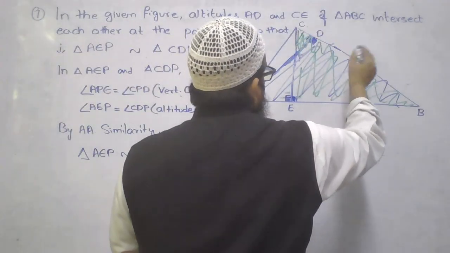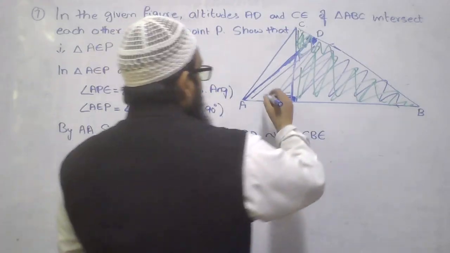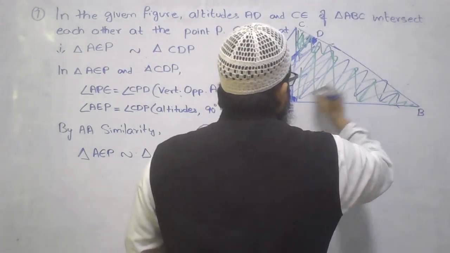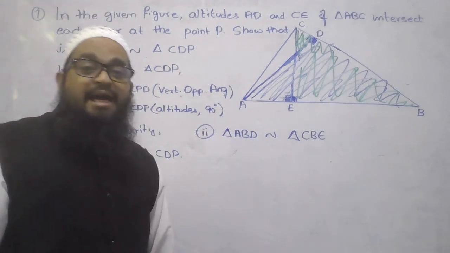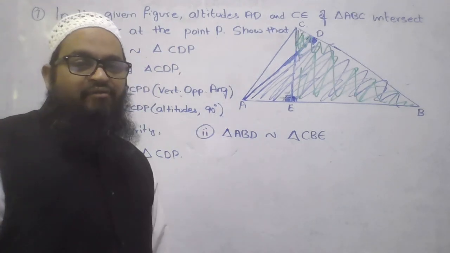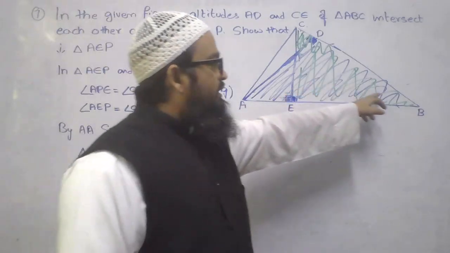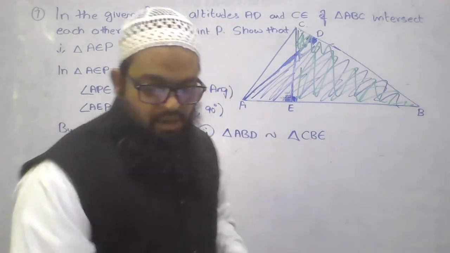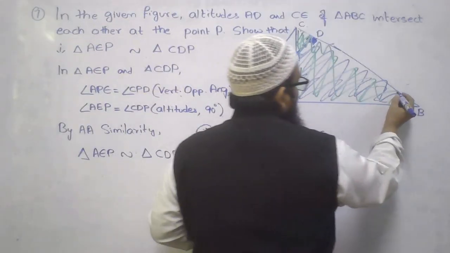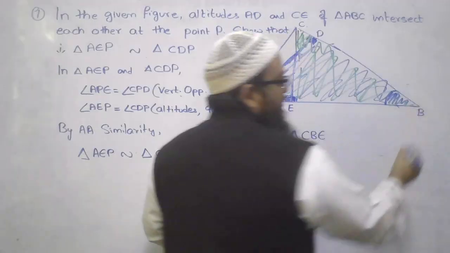This is the green, and the other triangle is this one. Now in these two triangles, do you have anything in common? The green and blue are intersecting, and this angle B is common. So I got one angle which is common.